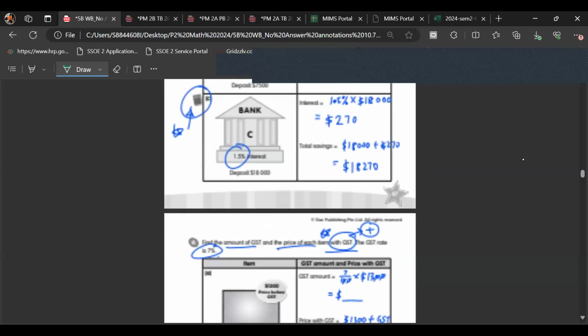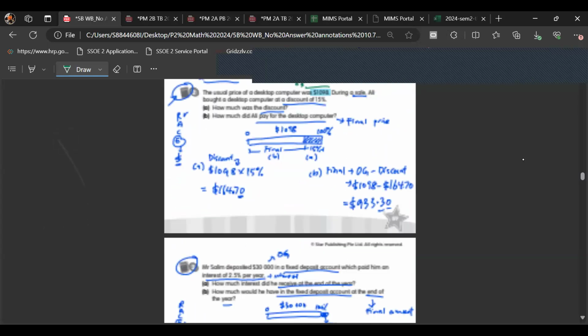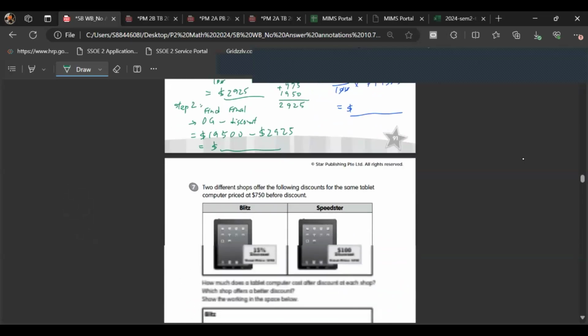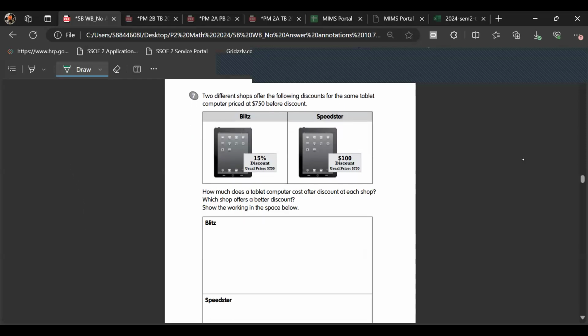You tell me which one is easier, those or the GST interest one? Then the last question already. Quite happy? Difficult? No, right? That's really good. There's another set. You want to take the other set?